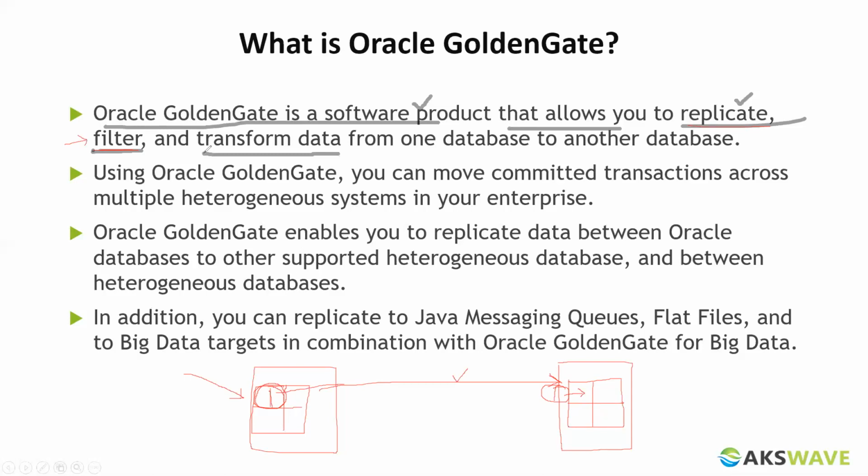Not only that, you can even transform your data. Transforming means, on the source side, let's say we have a first name column and a last name column. But on the target, there might be only one column, name. So what should I do? I want to take these two values from the source and, while applying on this side, concatenate those two columns into one column and apply it into name.